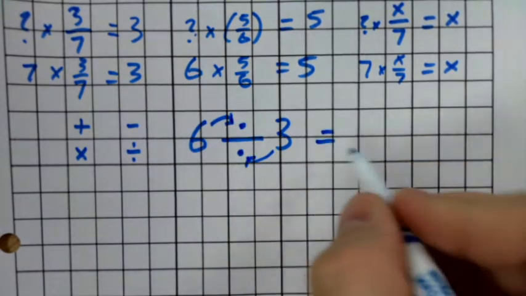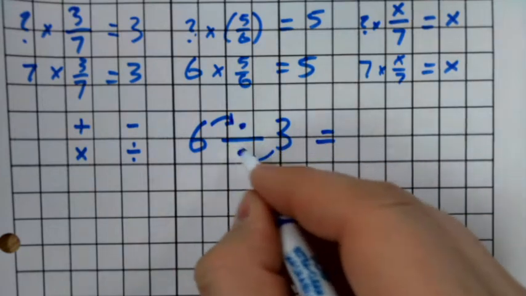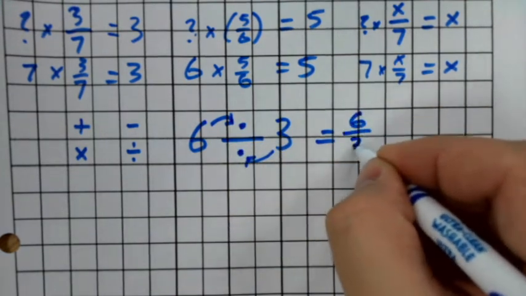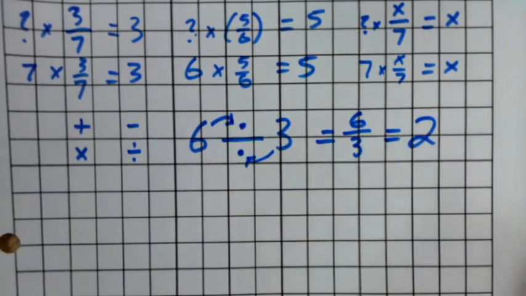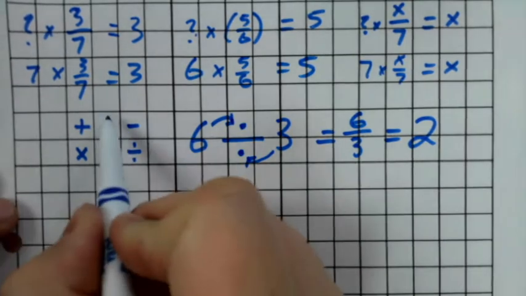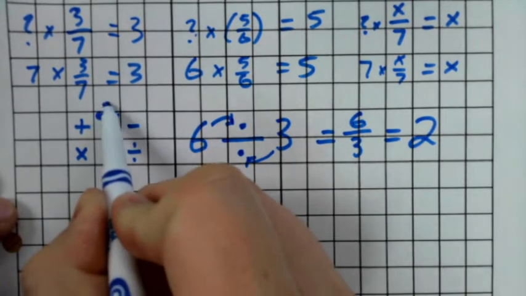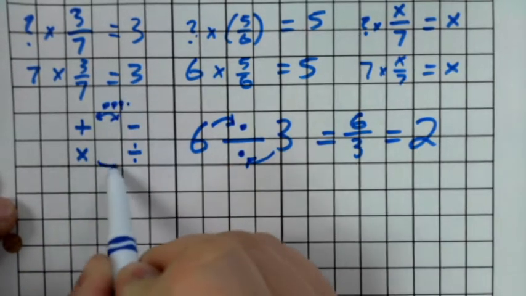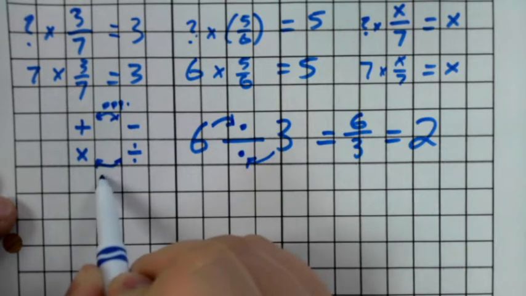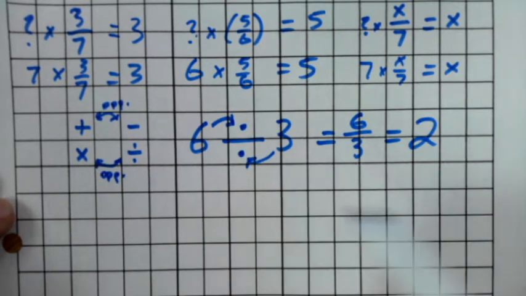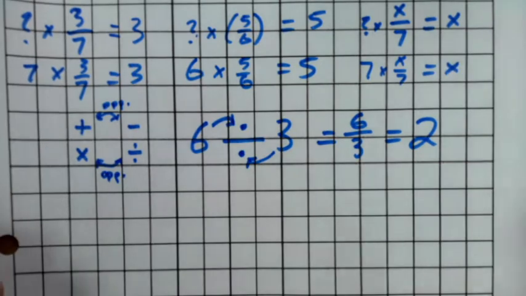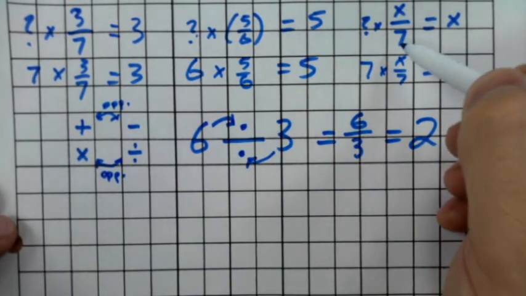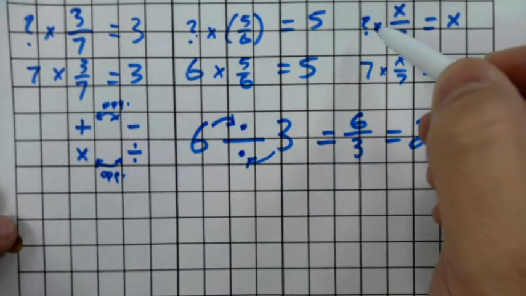So this means the same thing as 6 over 3, which is 2. So remember, these are opposites, and these are opposites. Those are what we will use to get rid of things that are with our variable. So when you have x divided by 7, to get rid of it, we're going to multiply by 7.